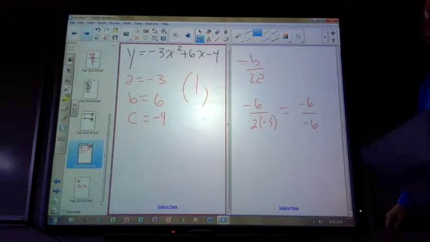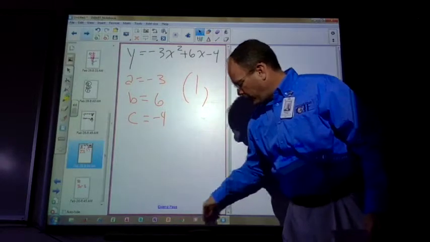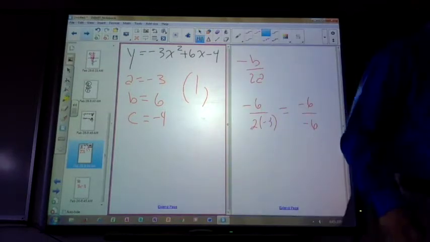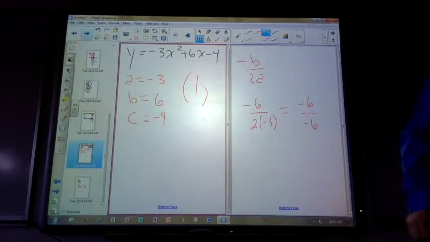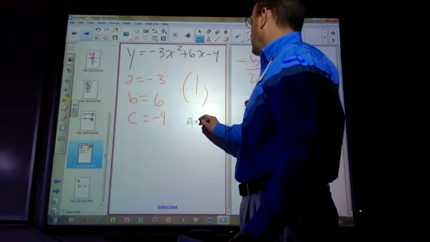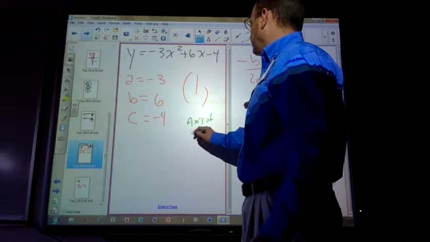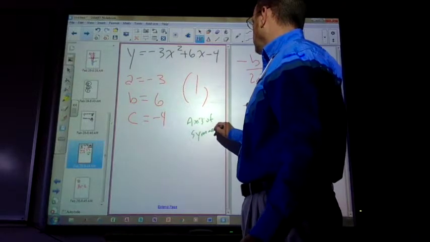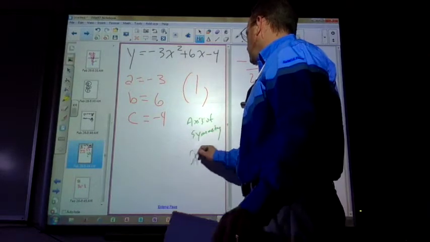Okay. Do I have enough information right now for my axis of symmetry? Yes. The axis of symmetry is x equals 1.